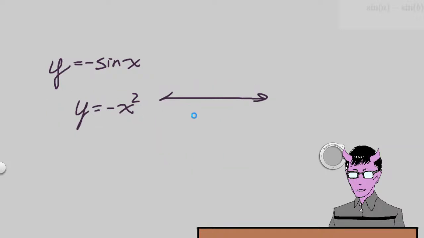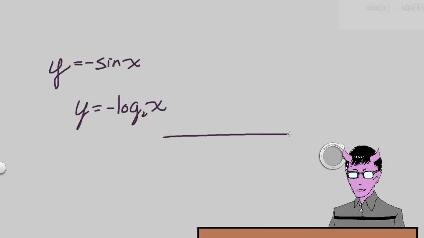Fun times. And then like your log functions, if you have y is equal to log base 2 of x, for example, all that does is reflect that as well. If we discount this negative, the log function looks something like this, with the vertical asymptote. But once you put the negative in front, all it does is flip it across the axis of reflection.